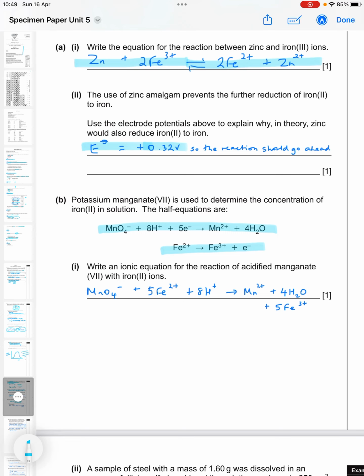But most of you probably know it anyway. You need 5 lots of the bottom equation so that it balances with the 5 electrons in the top one. So it's MnO4-, 5Fe2+, 8H+ gives you Mn2+, 4 water and 5 Fe3+ ions.